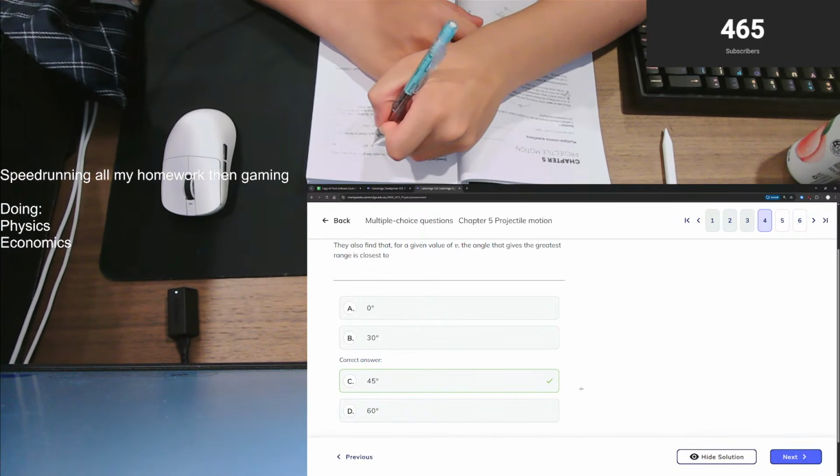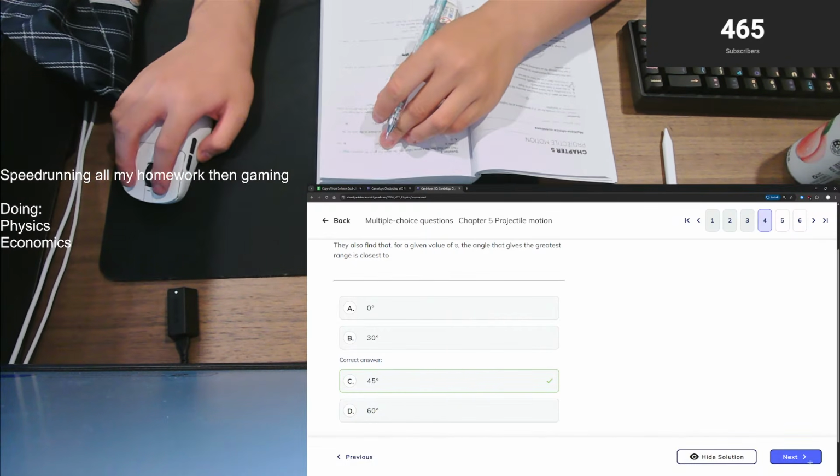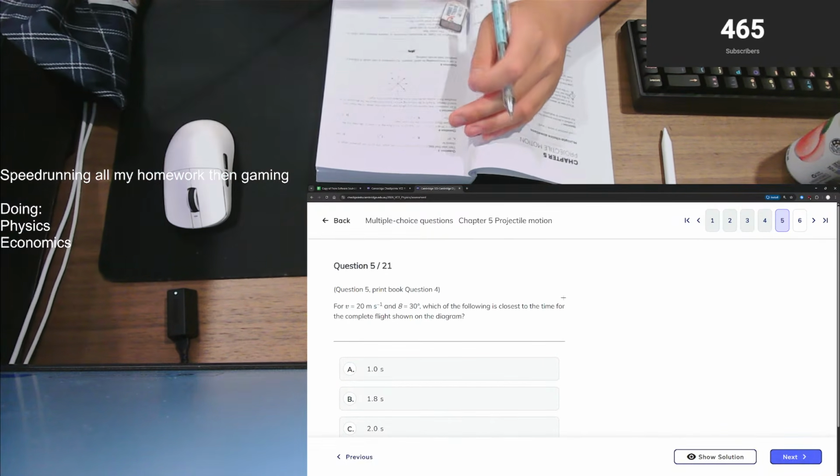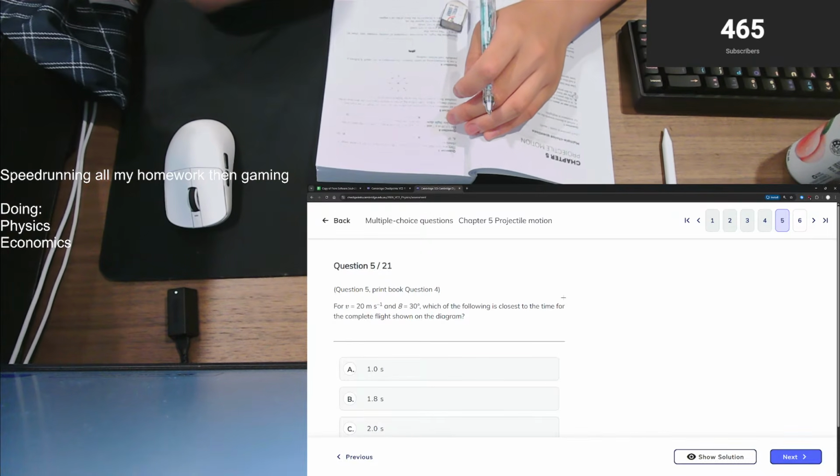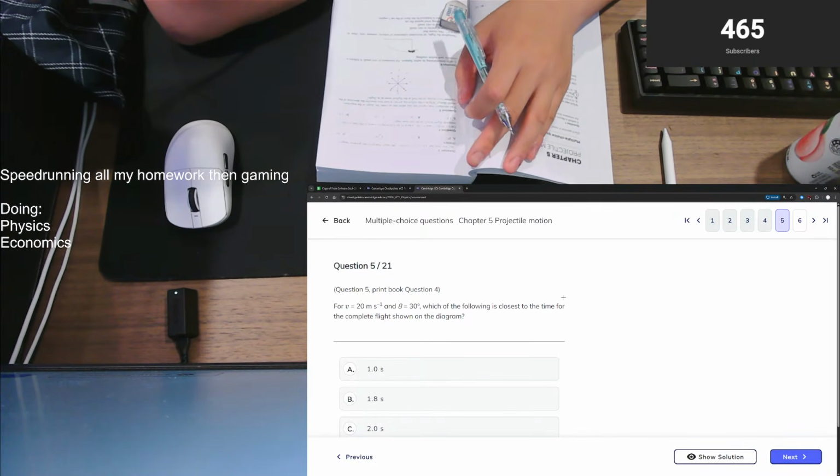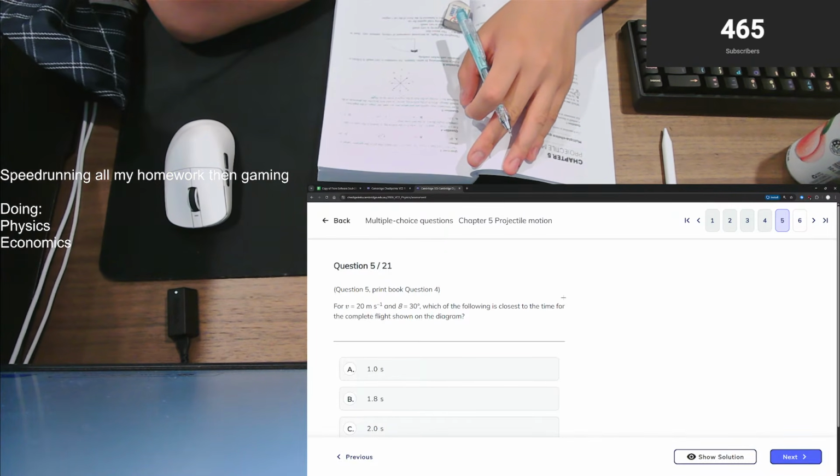For v equals 20 and theta equals 30 degrees, which of the following is closest to the time for the flight shown on the diagram?